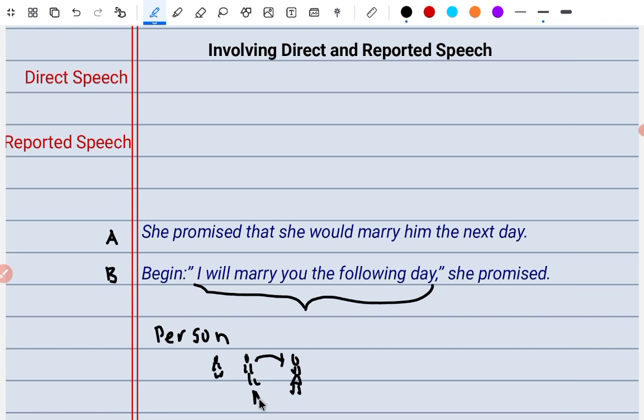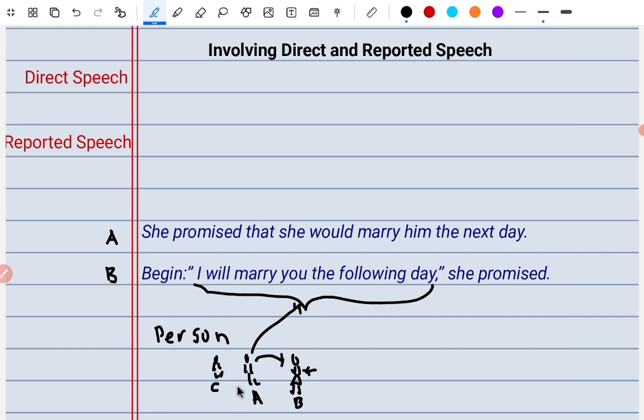We're going to call him A, the woman we're going to call B, and you, the person that is listening, we're going to call C. Okay, sorry, it says she promised, so it's the other way around. It's this girl telling the man, "I'll marry you the following day." She promised. So you are the one listening here.